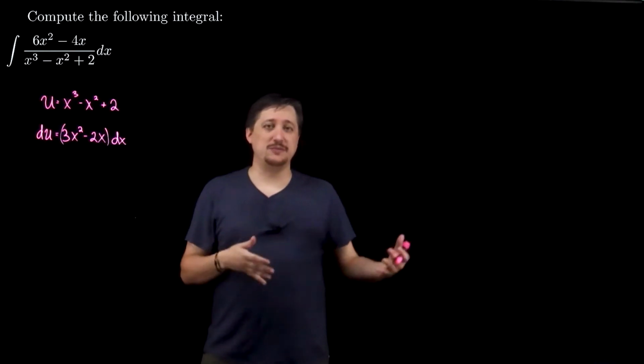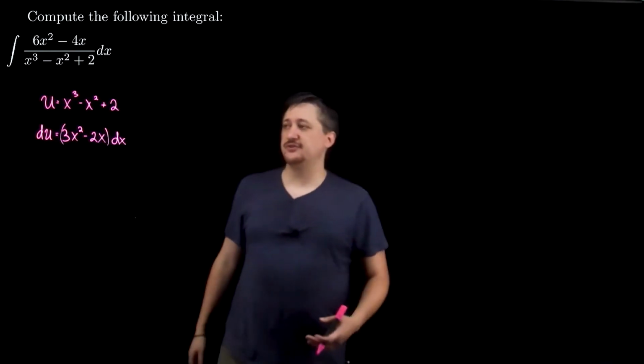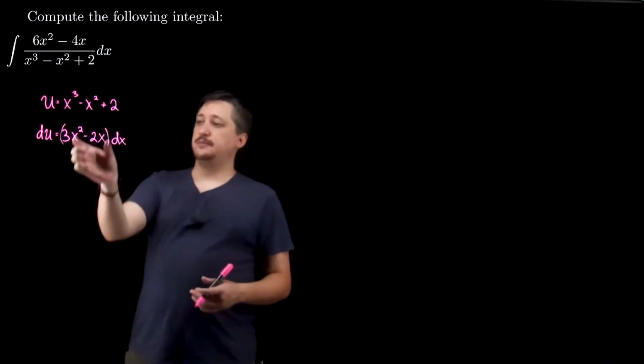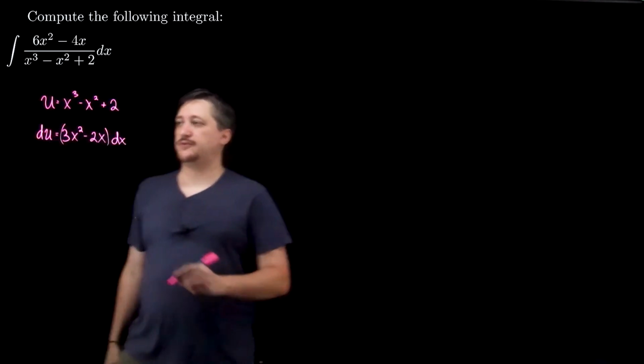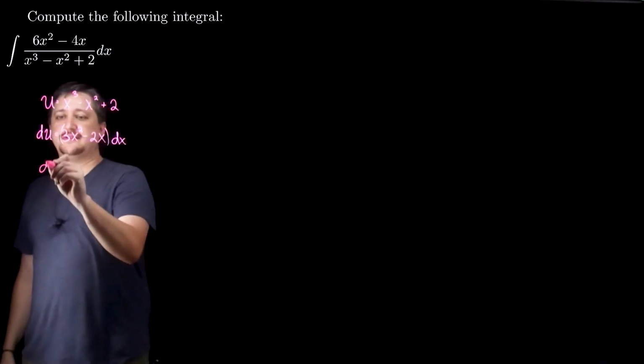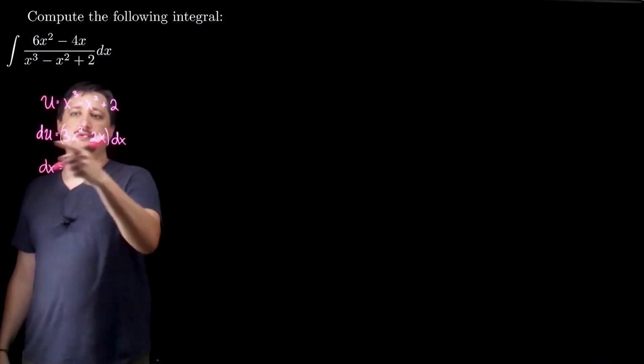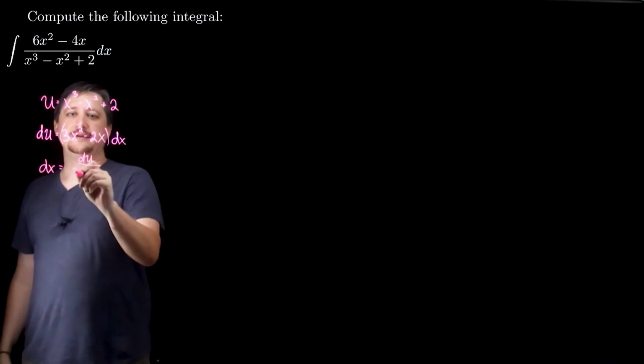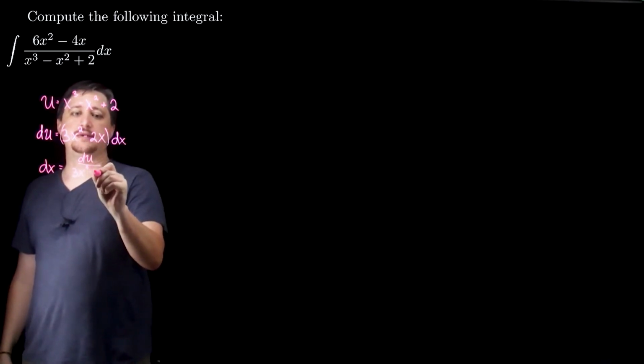That's something you might see if you took multidimensional calculus. So I'm going to solve for dx here by just dividing that piece over. So I'm going to have dx equal du divided by 3x squared minus 2x. Okay.